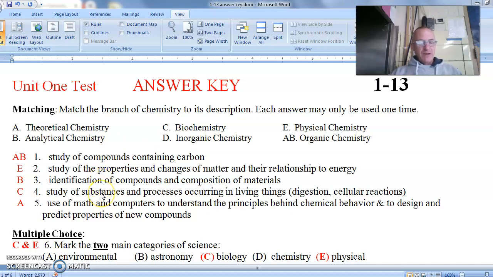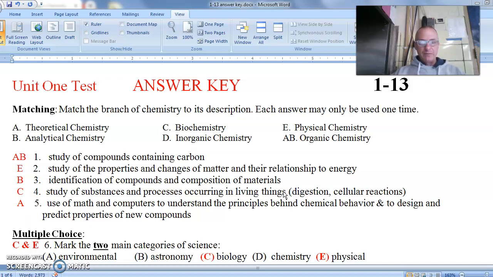There's a branch of chemistry that studies the processes and substances found in living things. The processes we would be talking about involve chemical reactions that are happening in living things. This does overlap a little bit with organic chemistry because very often the processes happening in living things involve carbon compounds, but not all processes involve carbon in living things.